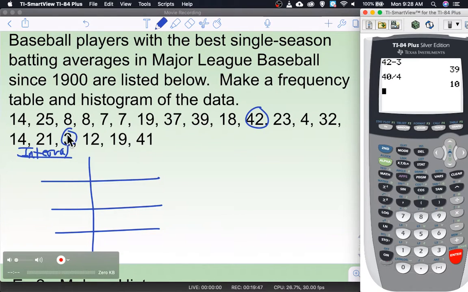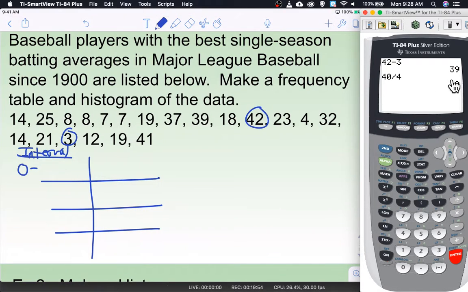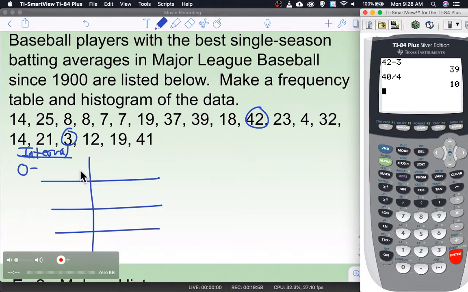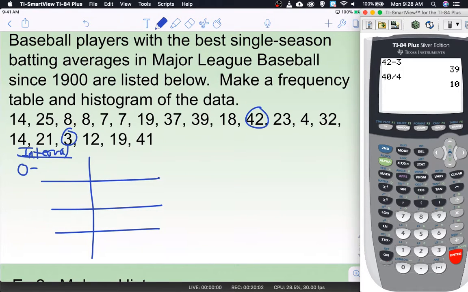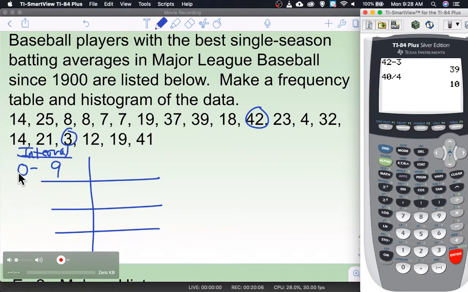So let's say we went from 0 up to, say, I'm going to make each interval 10 big. So 0, 1, 2, 3, 4, 5, 6, 7, 8, 9. That's 10 units big, because 0 counts as one of those numbers that could be in there. There could be 10 numbers in this interval.